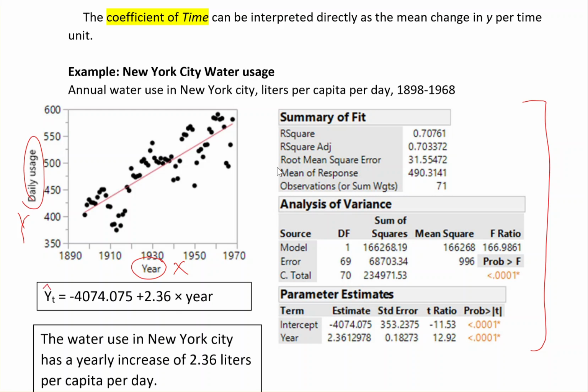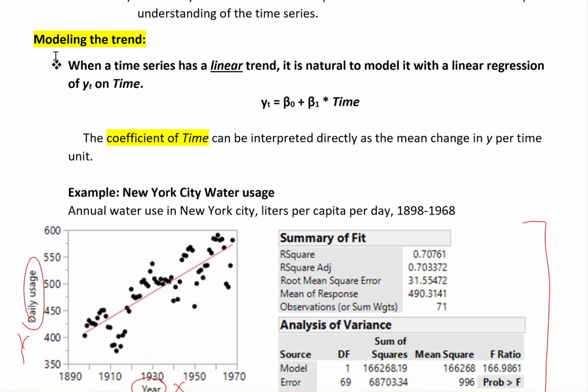Right, so let's talk about modeling the trend before this example. When a time series has a linear trend, as in this case, we can just model it with the linear regression of y_t on time. We just consider the time as the explanatory variable x. So here, this is the population model.